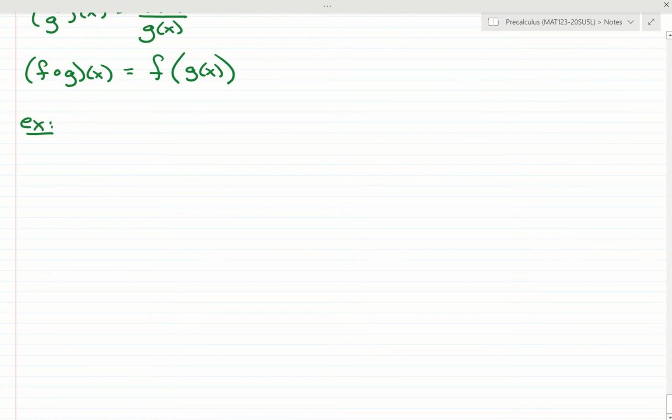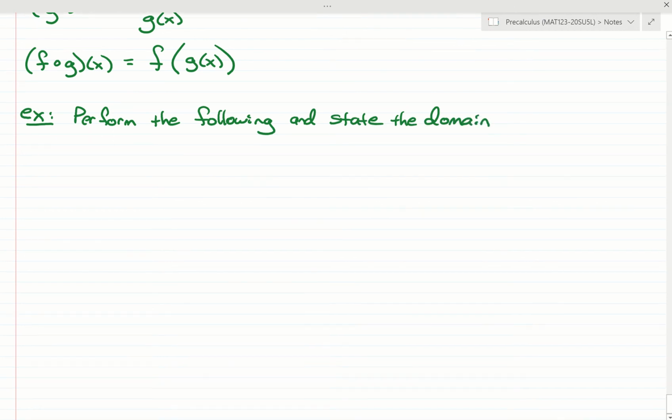Perform the following and state the domain. Okay, so let's get started.